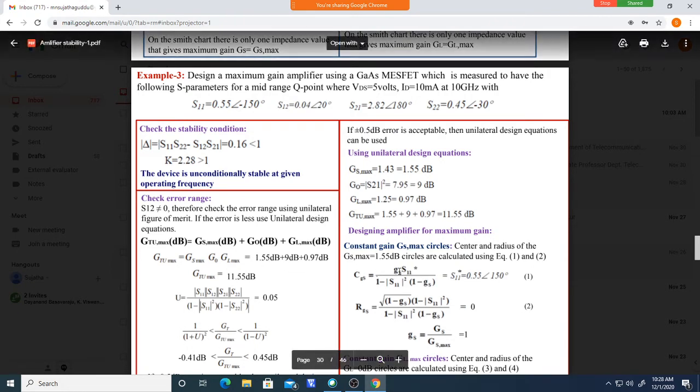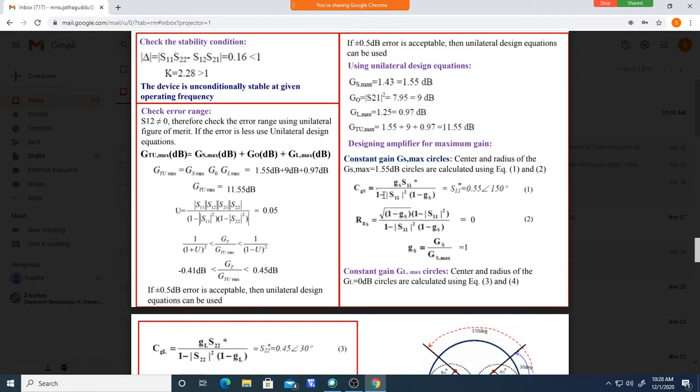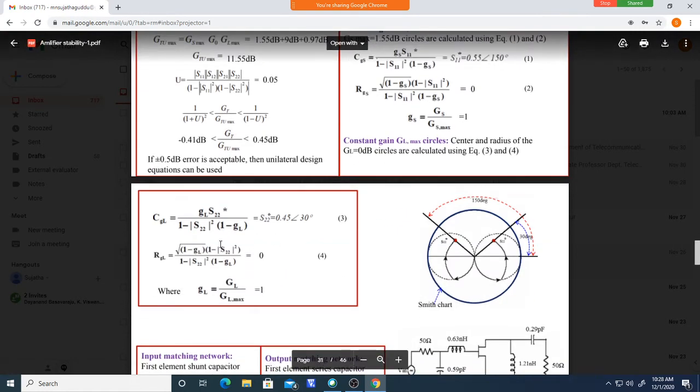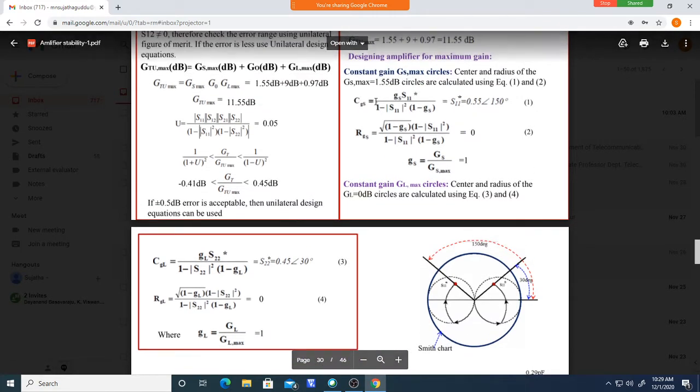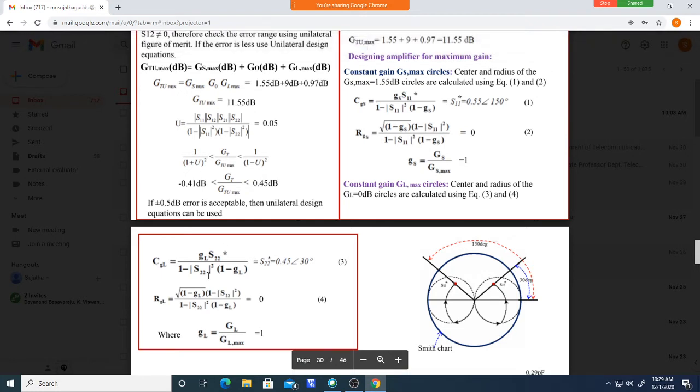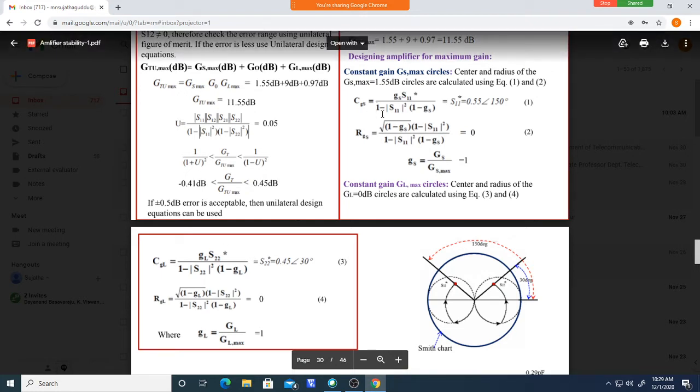In this equation you see the constant gain circles, the input gain circle and the output gain circle. For the input gain circle, we need the center and radius, and likewise for the output gain circle. In the input gain circle, GS is there along with the S parameters.